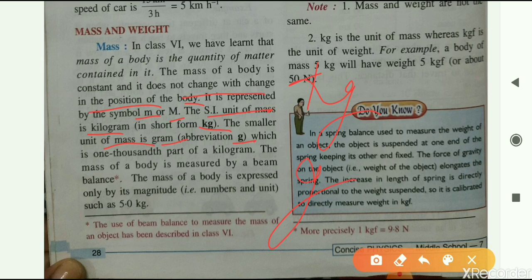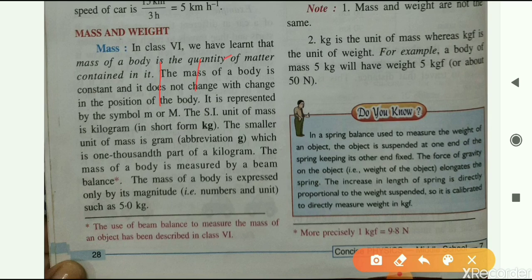And we know that the relation between gram and kilogram is 1 kilogram is equal to 1000 gram, or we can say that 1 gram is equal to 1 upon 1000 part of a kilogram. Okay, 1 gram is equal to 1 upon 1000 kilogram, or 1 kilogram is equal to 1000 gram.